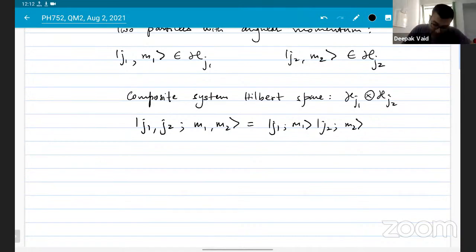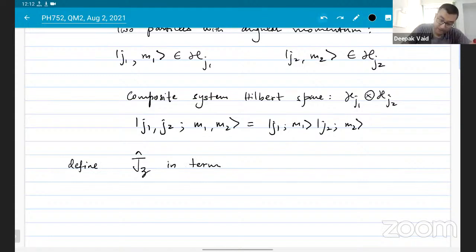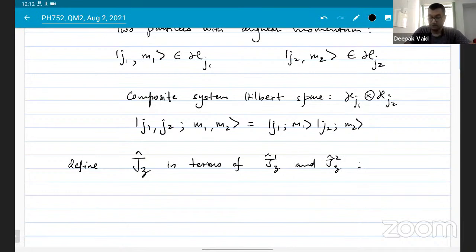As an example, I want to define the momentum operator Jz in terms of J1z and J2z. How will I write this down?